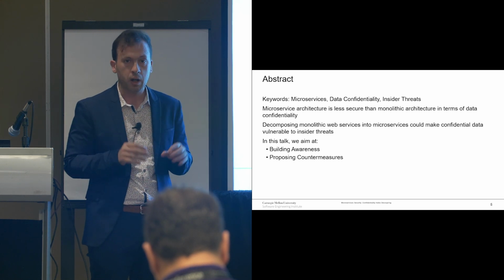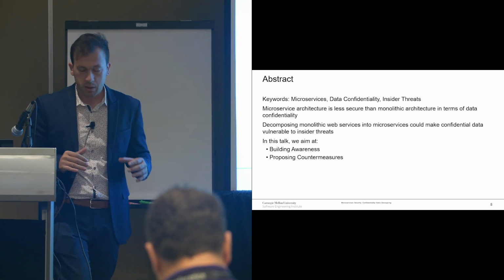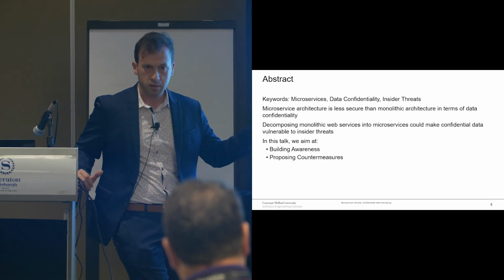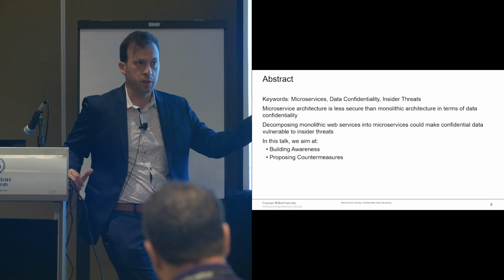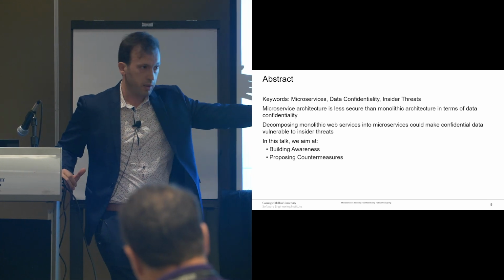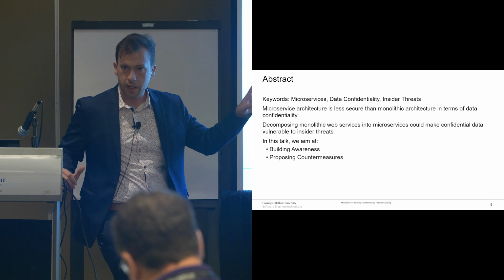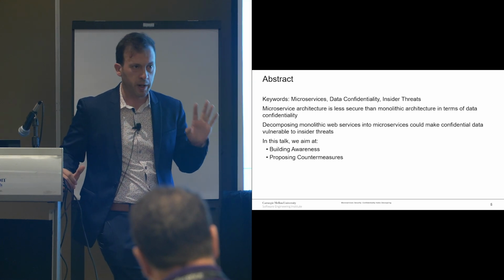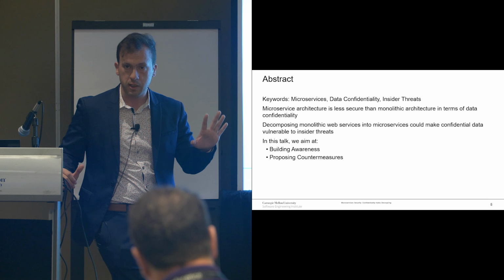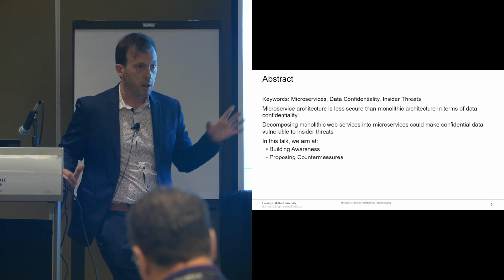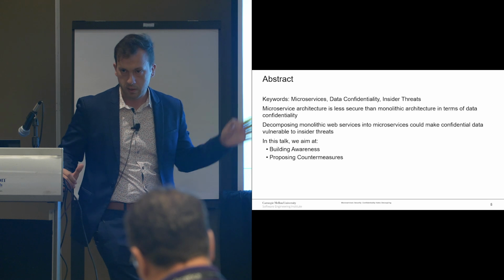This is the main point of my talk. So the question is, why am I talking about this? Am I saying that to avoid microservices? Of course not. My goal is to build awareness of this problem, then to propose some solutions for the problems we will see.